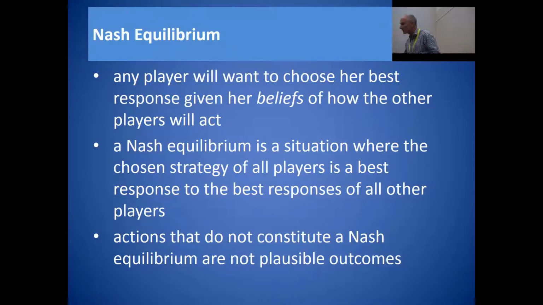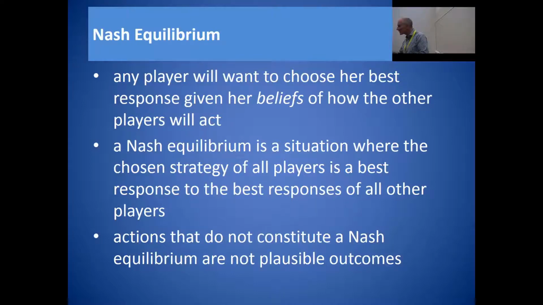Hence, an outcome that isn't a Nash equilibrium cannot plausibly be the outcome of the game, because at least one of the players has an incentive to do something else. And everything that you've learned about economics before, the concept of an equilibrium, it's an outcome towards which we gravitate. And once we arrive there, there's no incentive to move away.